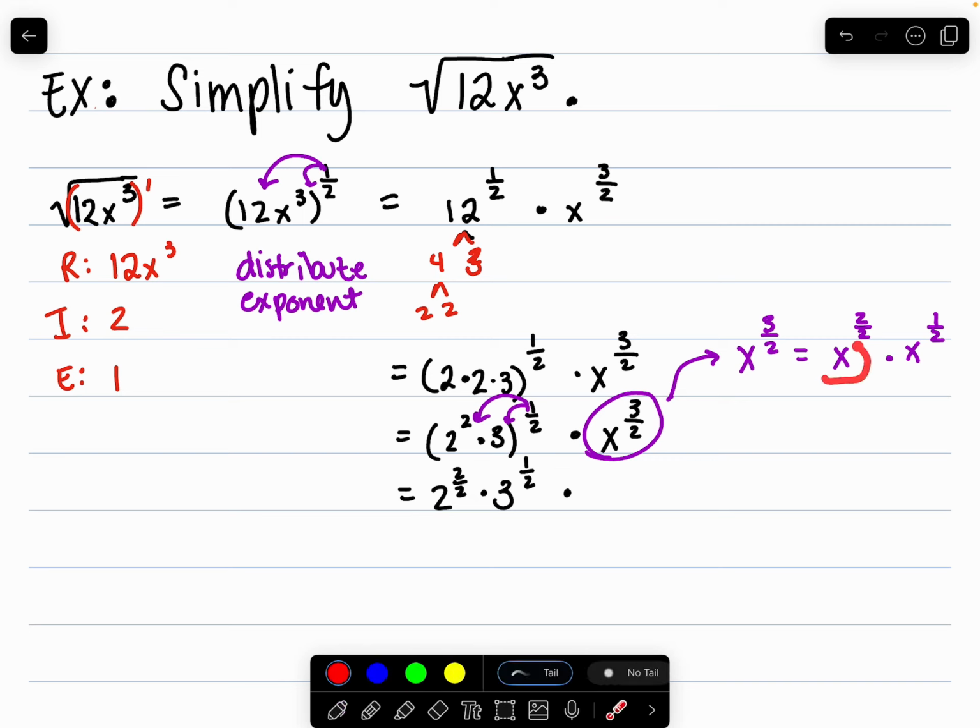Because when you are multiplying the same variable with the same index, you add the numerator. This is the product of exponents rule, because you add here. Make sure, as long as they have the same variable.